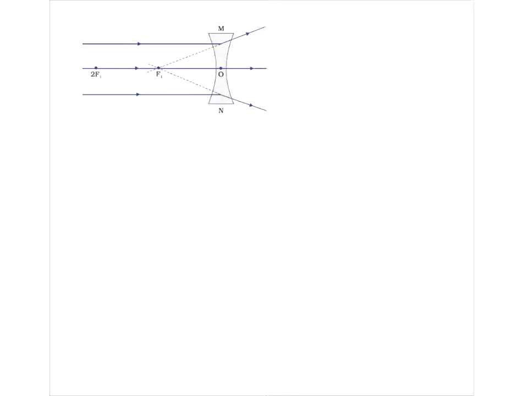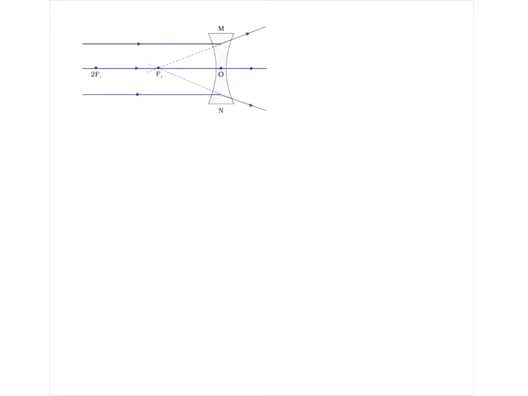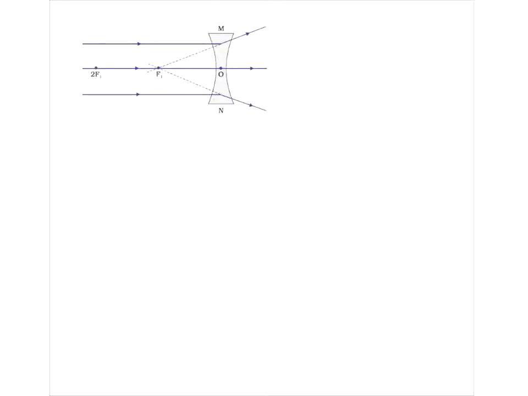Now take it further and further, and you will find that the image will become smaller and smaller. So actually the second case of very far is a special case of this. Take it to infinity. The image becomes smaller and smaller, so we say it is point sized, and it will have similar properties.